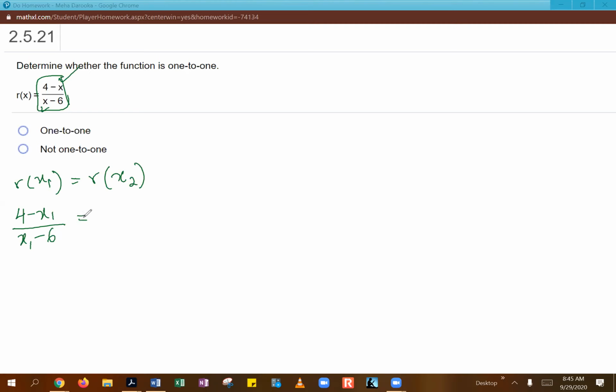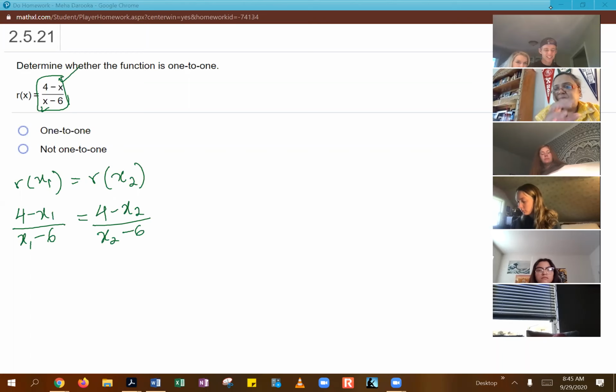And we do the same thing on the right-hand side, r of x2, so that will be 4 minus x2 divided by x2 minus 6. You're setting the x1 values on the left-hand side equal to the x2 values on the right-hand side, and the goal is to show x1 is equal to x2.